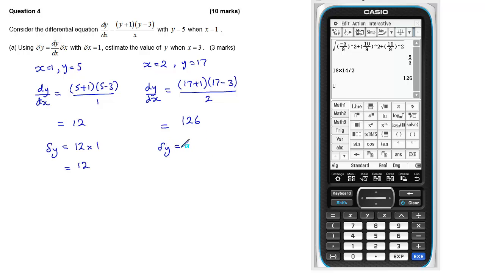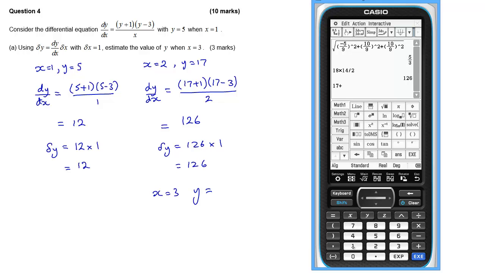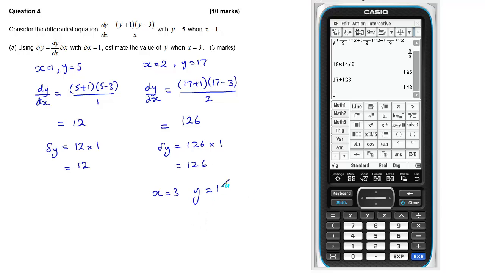So our delta y is going to be 126 times 1 when we go another step of 1, which is 126, and that means that when x is equal to 3, we're estimating that y is 17 add 126, which is 143.